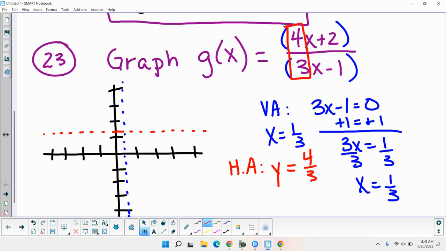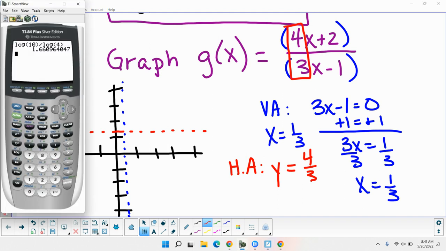That's a horizontal dashed line, right? So there's our two asymptotes. Okay, and then when you graph it, go to your y equals, and remember, put parentheses around the numerator and denominator: 4x plus 2 divided by, and then parentheses, 3x minus 1, and then hit graph. And you see the two branches, okay?